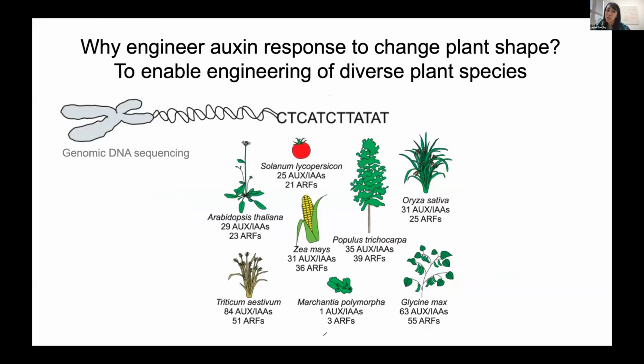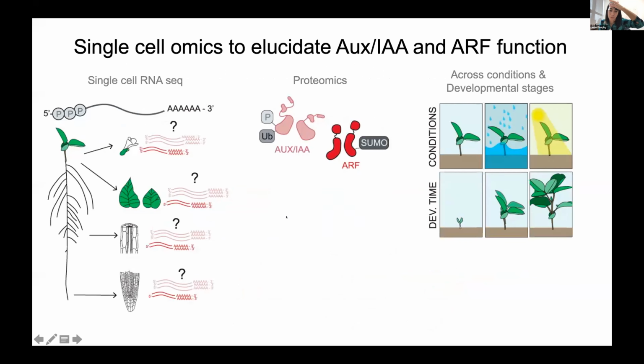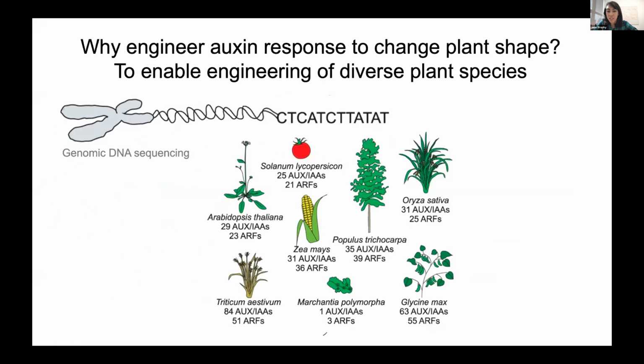In fact, genomic sequencing has revealed families of ARFs in all of the flowering plant species that we've looked at to date. And this is where this ties back into the plant cell atlas. So you'll notice that there are large families of ARFs and Aux/IAAs in each of these plant species, and it's really difficult to know which member of a family is important for the development of which structure in a plant.